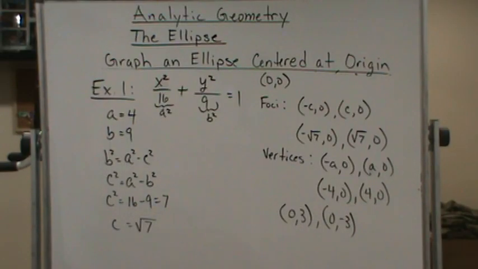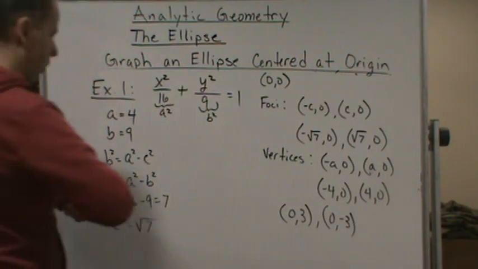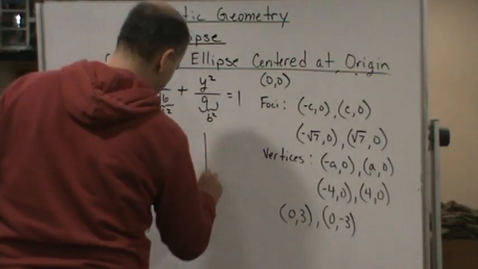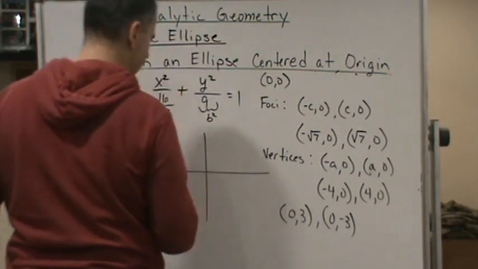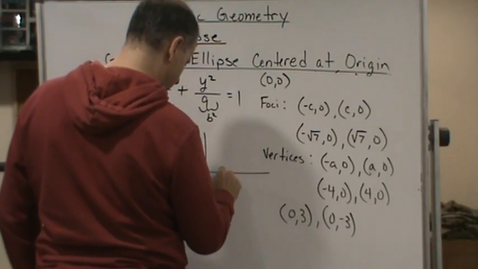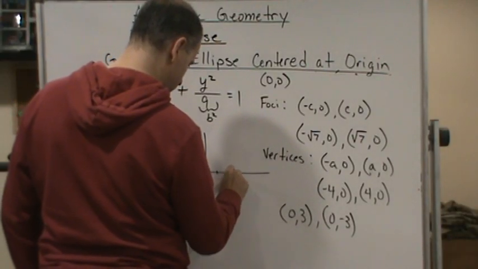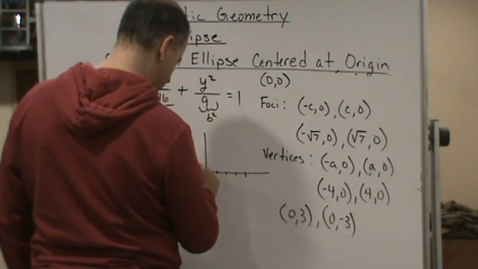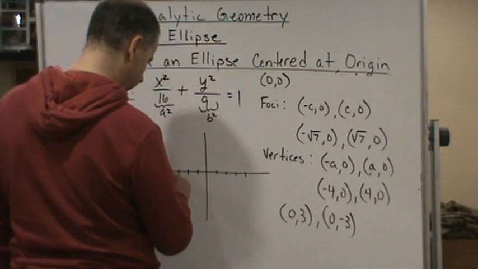Okay, and then of course, if we know these points, all of these points will help us graph the ellipse if we're asked to, right? And again, be prepared to be asked to graph this. So if it's graphed at the origin, right? So we have to graph what? Let's do it this way. 1, 2, 3, 4. 1, 2, 3, 4.